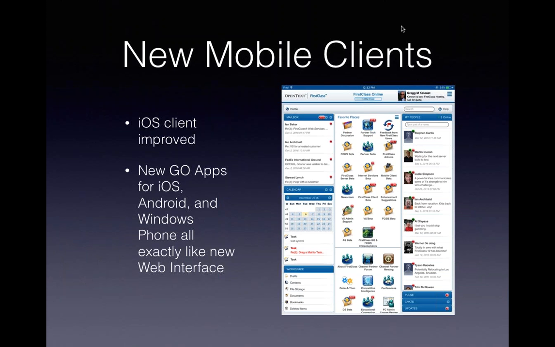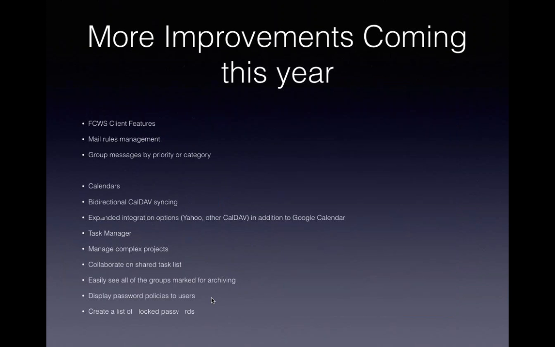And they work in exactly the same way as the web services works and looks. So everything that you can do in FirstClass web services, you can now do on a mobile device using the Go app. And in 16.1, that's very, very close to being everything that you can do with the FirstClass client on a desktop machine. So the convergence of their different interfaces is moving along very well.